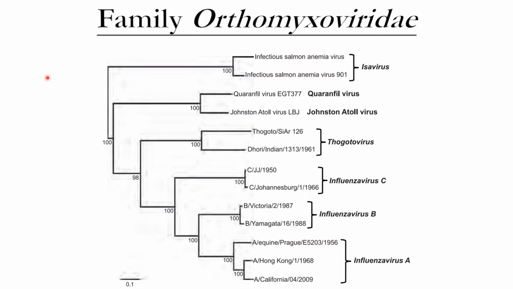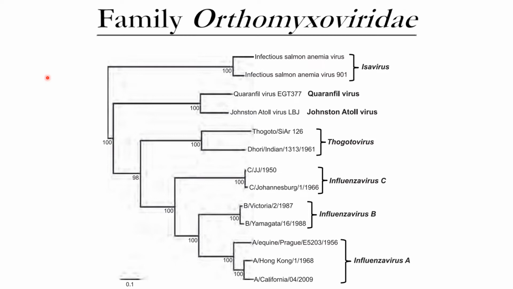Different influenza virus strains are named according to their genus, the species from which the virus was isolated, location of the isolate, the number of the isolate, the year of isolation, and in the case of influenza A viruses, the hemagglutinin and neuraminidase subtypes.